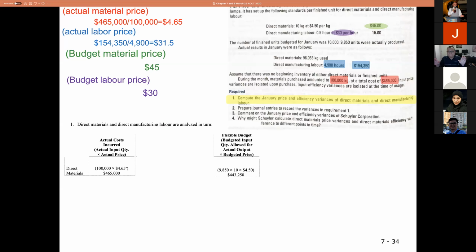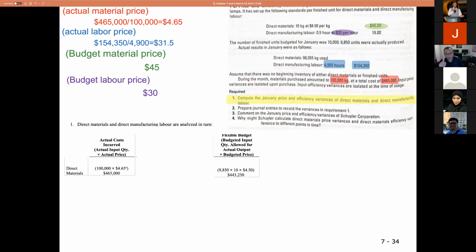In the previous example, the assumption is that all the purchase is used. In this question, they are isolated. So here in the middle, there are two numbers. First, I want you to think about the purchase. What's the actual units purchased? 100,000. Good. And what is the budget price?